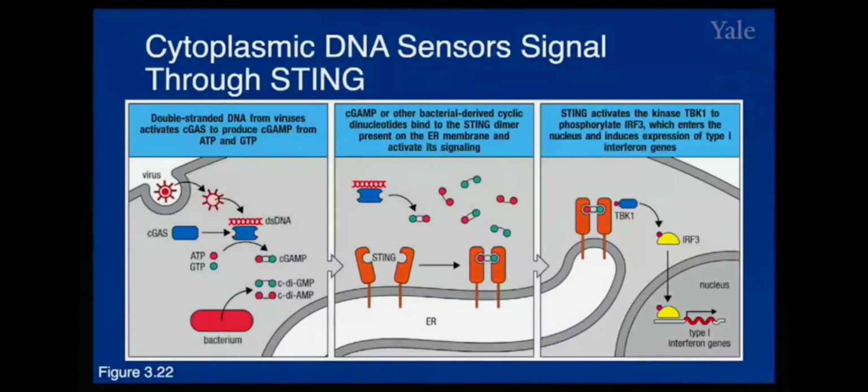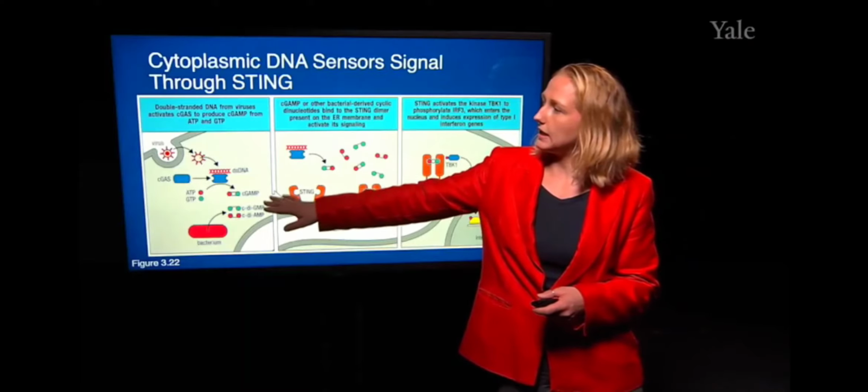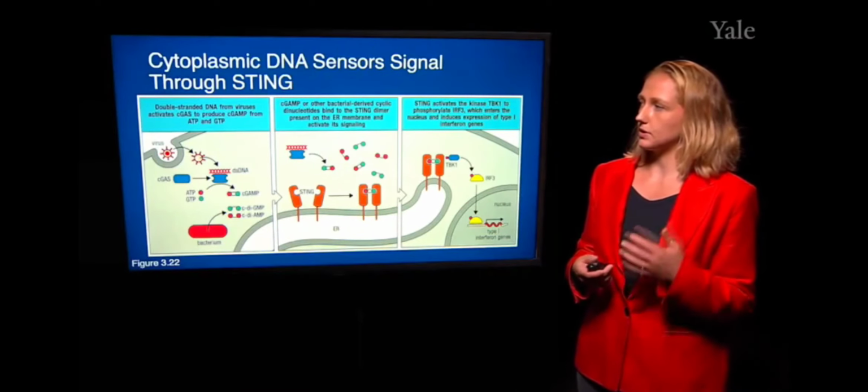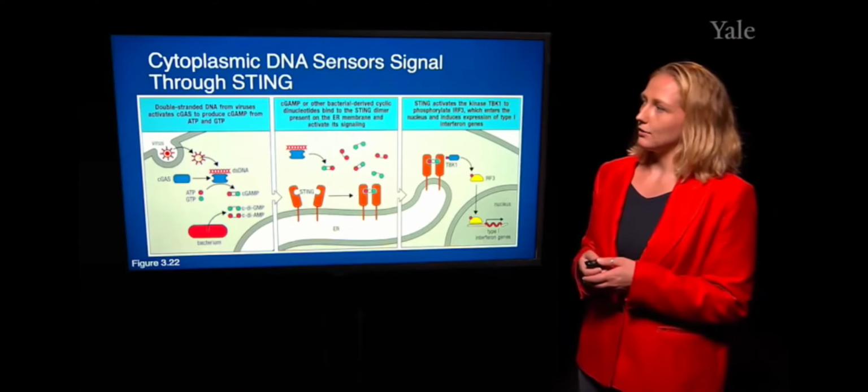We also have a protein called STING that is able to sense double-stranded DNA. Double-stranded DNA should not typically be found in the cytoplasm of a mammalian host cell. But if you have a double-stranded DNA virus, this DNA activates a protein called cGAS, and cGAS will then produce cyclic GAMP from ATP and GTP.